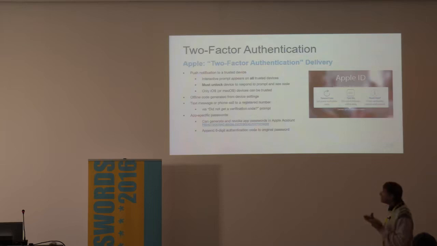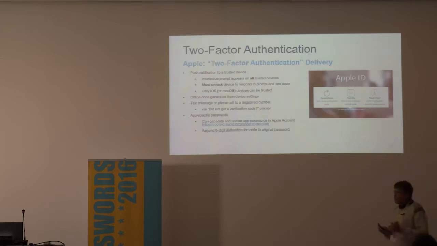So that's a pretty secure and a pretty convenient scheme. Now, a major difference in security between this and the older scheme is that two-factor authentication uses a secure delivery mechanism. You can only react to the prompt saying yes or no, and you can only see the one-time password if you unlock your device with a passcode or fingerprint. This alone makes it much more secure than two-step verification.